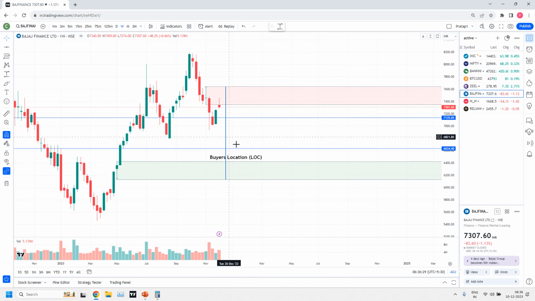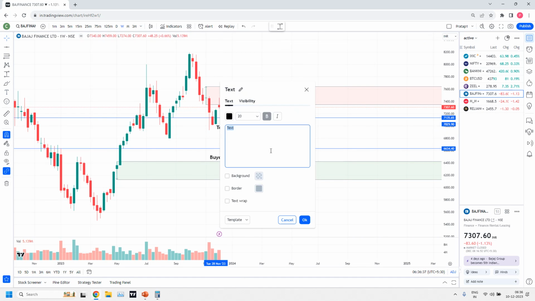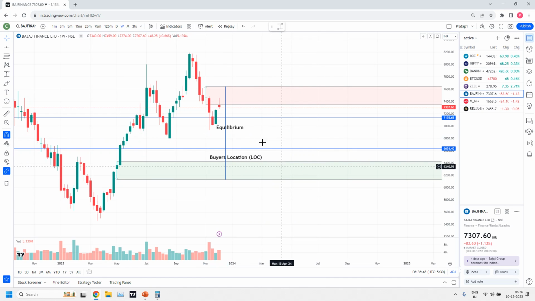So this area is equilibrium. And above that we have seller's location.